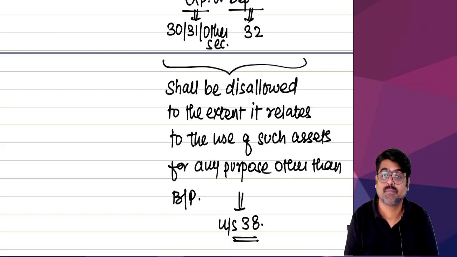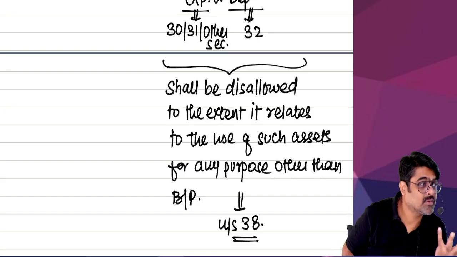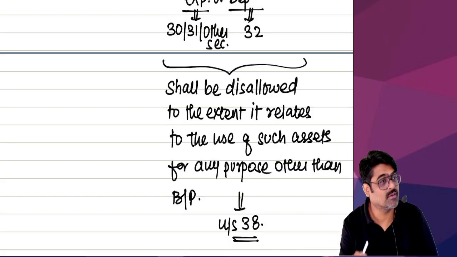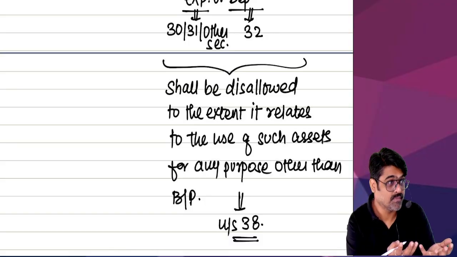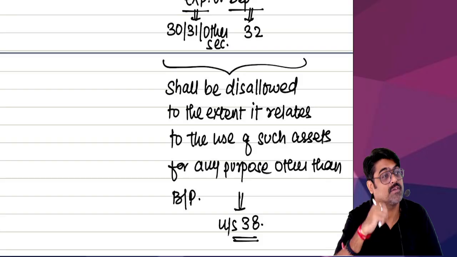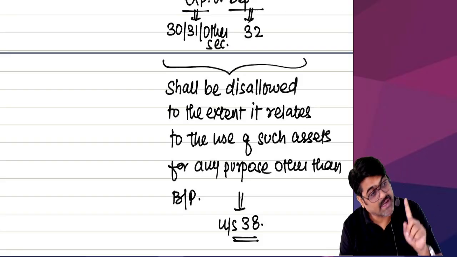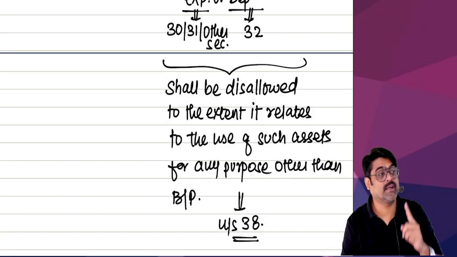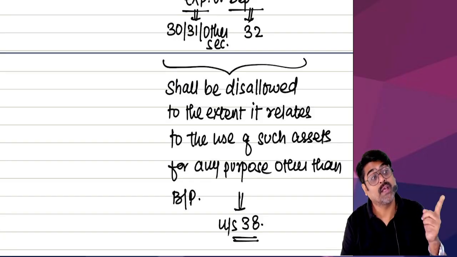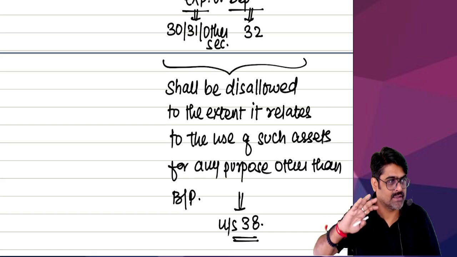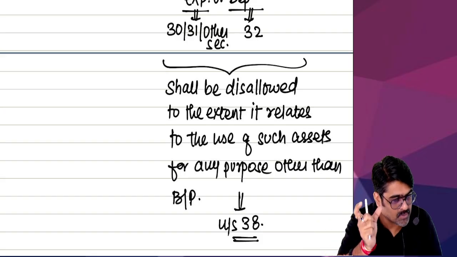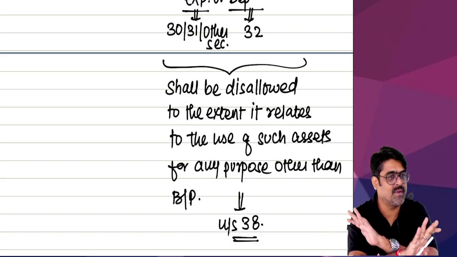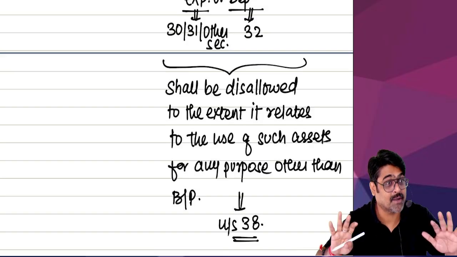Yes or no? Some camera is there, it can be used in my business also, and can be used for personal purpose also. So any asset, building, can be used for business also, and for personal purpose. Now any expense or any depreciation which is related to the use of that asset other than business or profession, that proportionate amount of expense or depreciation cannot be claimed as a deduction under the PGBP head.